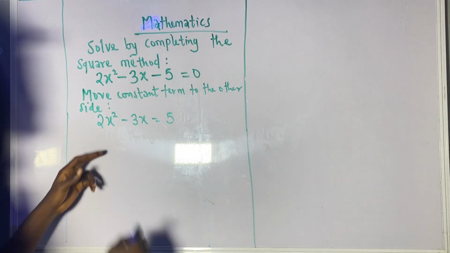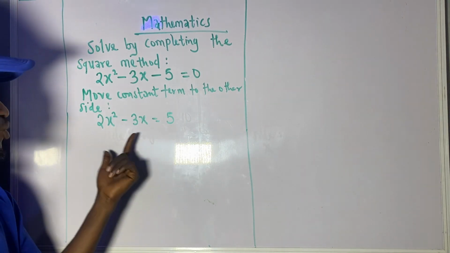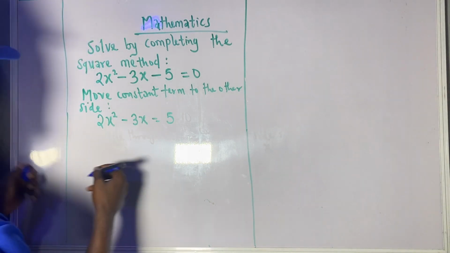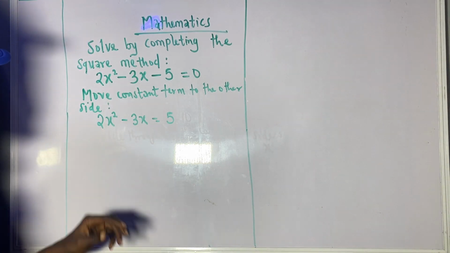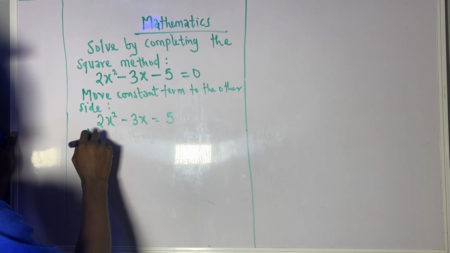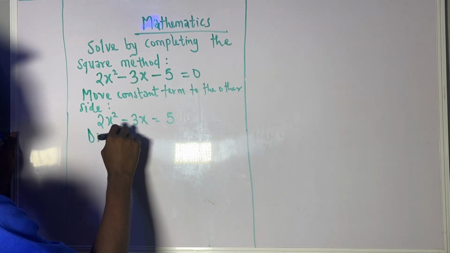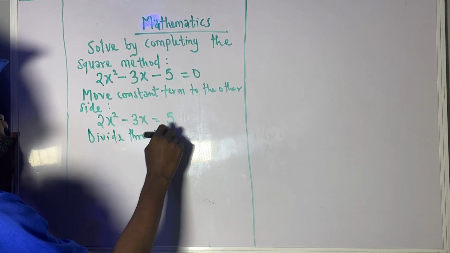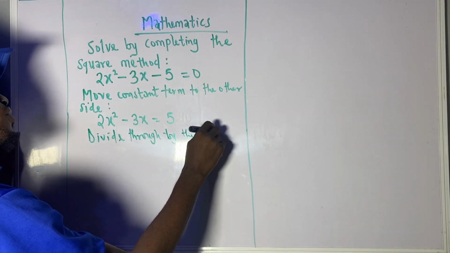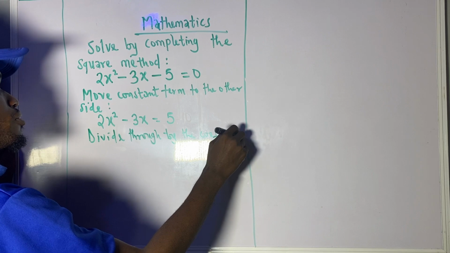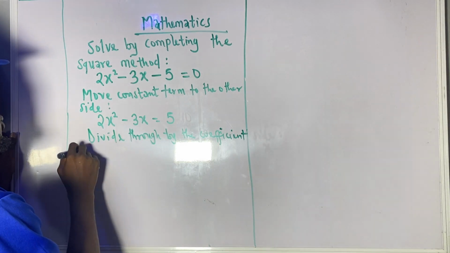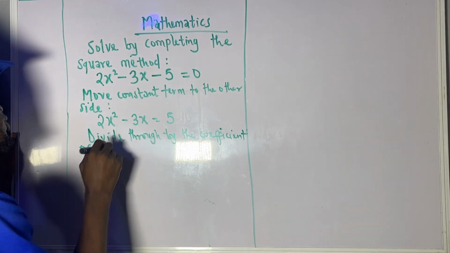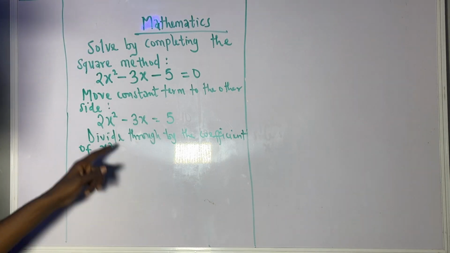The next thing is to divide through by the coefficient of x squared. The coefficient of x squared here is 2.